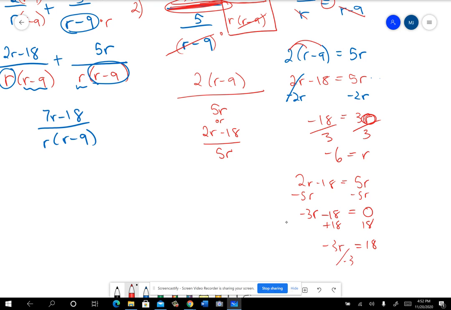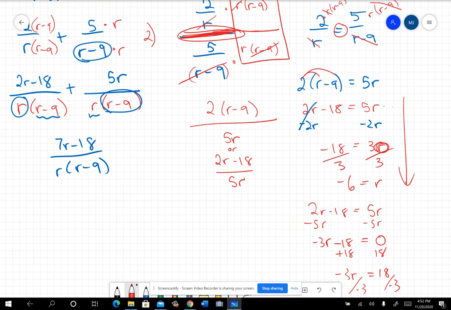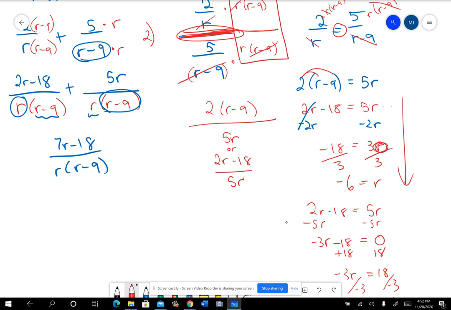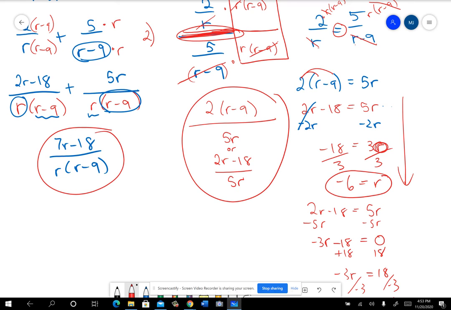Then divide by negative 3, and we get that R equals negative 6. But that's old stuff. That's back to solving linear equations. So you guys are probably okay with what I did right here. And that negative 6 doesn't cause either denominator to be 0, so it should be okay. So that's your end result on that one. Either one of these is okay here, and this is your end result there.